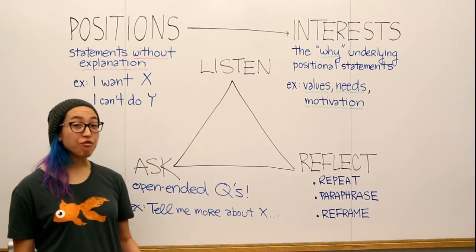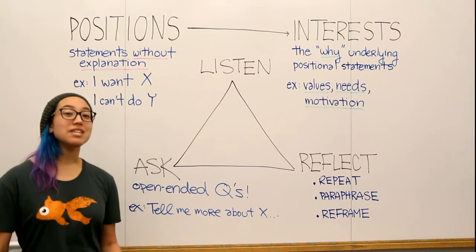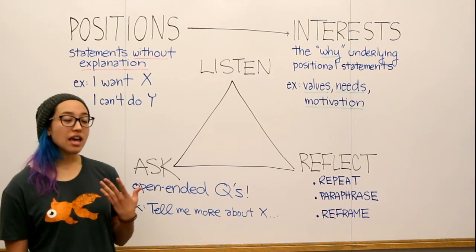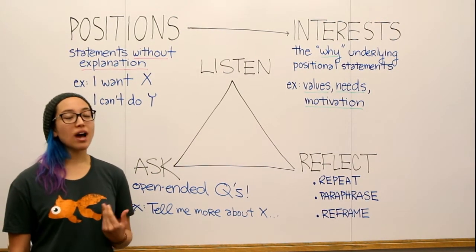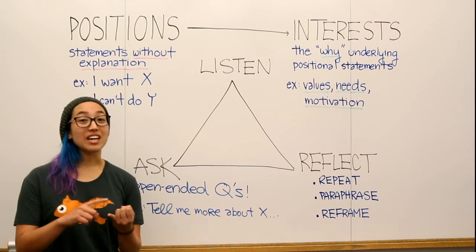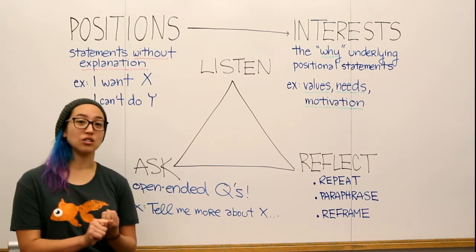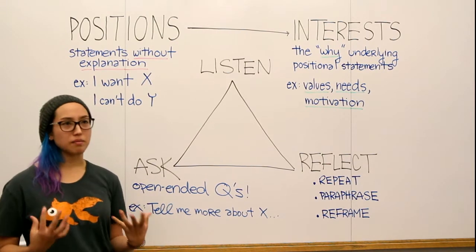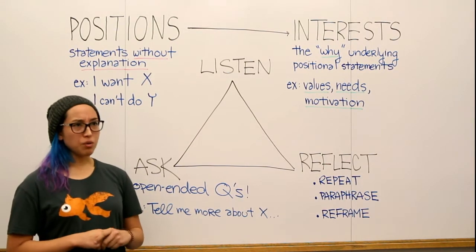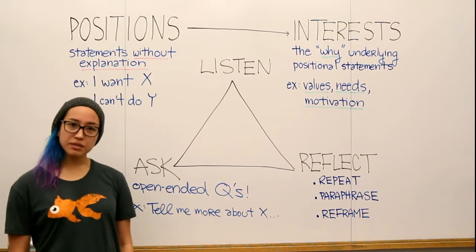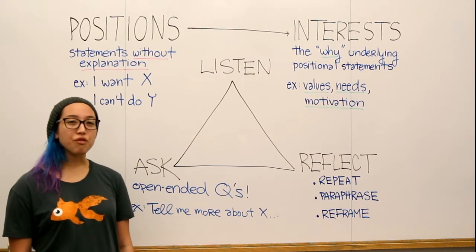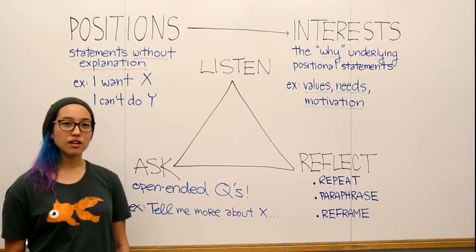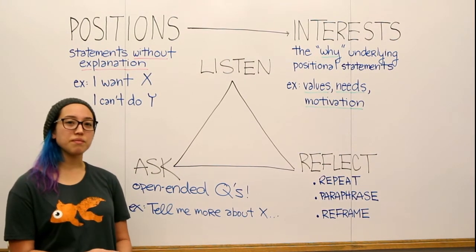Last, you can reframe. What this word means is you're going to listen to what the person told you, and you're going to take what you've heard and try to guess what their interests behind what they told you are. So if they tell you a whole bunch of things about, I don't know, my roommate is really messy and I'm really upset, if you were reframing to figure out what their interests are, you could say, all right, you're really frustrated by your roommate being messy.